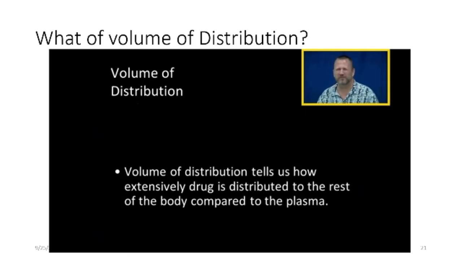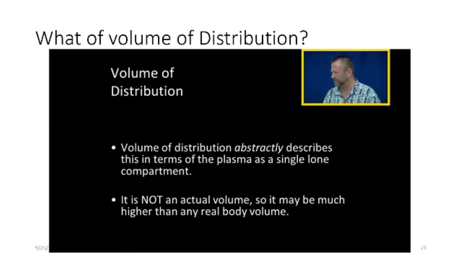So the volume of distribution tells us how extensively drug is distributed to the rest of the body compared to the plasma. The volume of distribution abstractly describes this in terms of the plasma as a single lone compartment. The volume of distribution is not an actual volume, and it may be much, much, much higher than any real body volume.